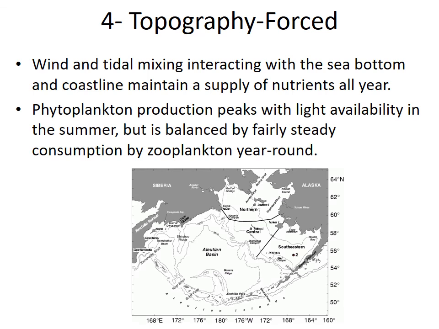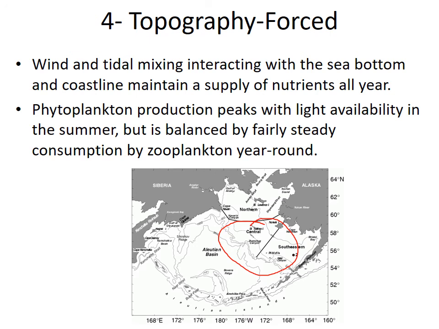Then there are continental shelf ecosystems in temperate waters that don't have this spring-fall bloom cycle, and they call them topography forced continental shelf ecosystem types. The really productive waters off of Alaska are an example of this type of continental shelf ecosystem. They've got wind and tidal mixing that interact with the shape of the coastline and the bottom here.